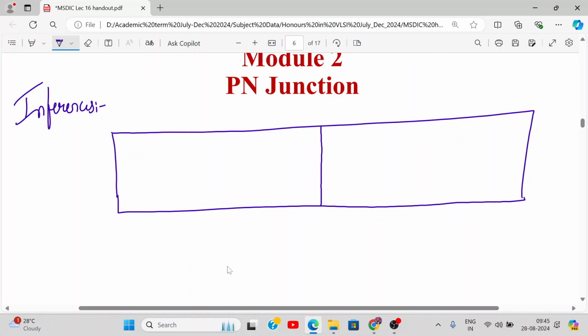This diagram I'm drawing just to explain to you, so you're free to draw that also. This is XP and this much is XN. How much is this? 0.01 micrometer. And this much is 0.9.